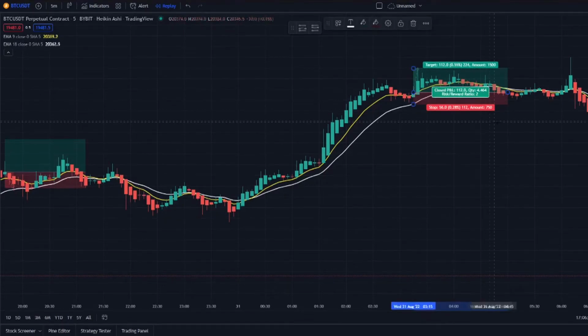To give you a better sense of what you can expect trading with this strategy, I'm going to do 50 backtests and see what results this can bring us.